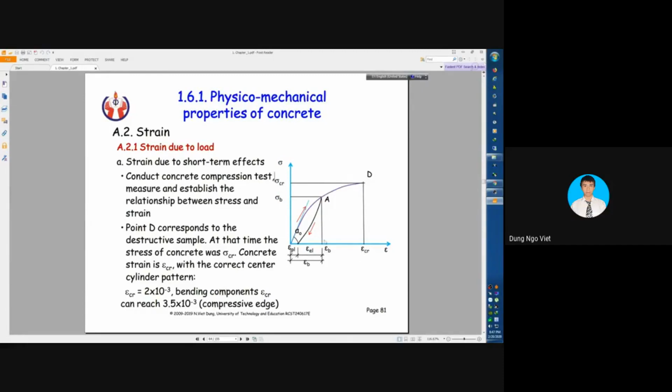So the stress and strain have a relationship, and here we have the chart to show the relationship between stress and strain of the concrete.